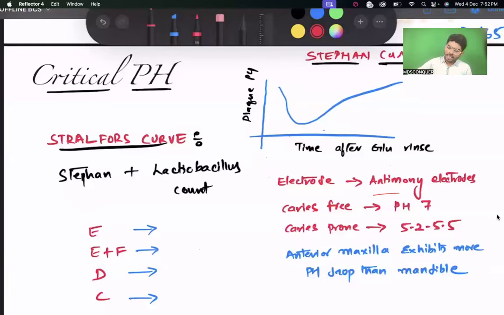The important points that I want you to make a note from Stephen's curve is the type of electrodes which are used in Stephen's curve.